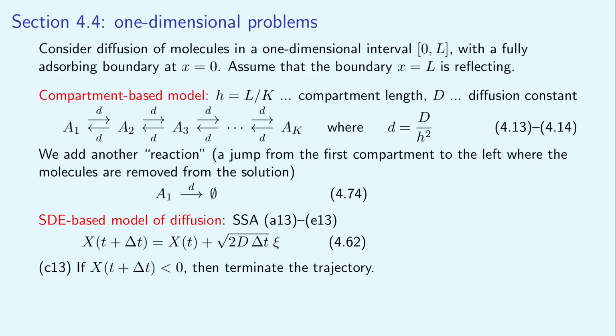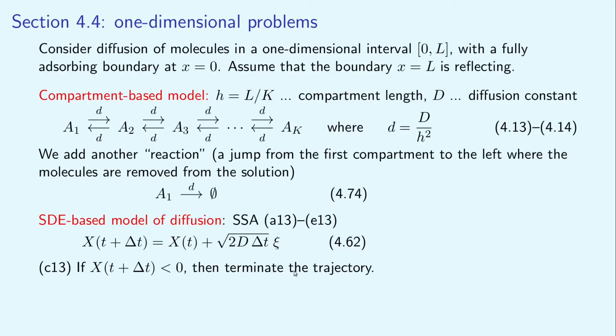To implement the adsorbing boundary condition at x equal 0, we add the step C1-3. If the position at time t plus delta t is negative, then the particle left the simulated domain through the left boundary and we terminate the simulated trajectory.